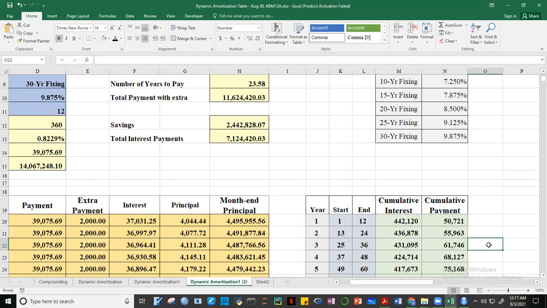Let me show that. So it is equal to if this is nothing, give us nothing. Otherwise, it will be the previous plus 1.